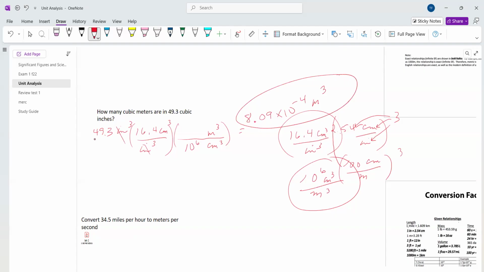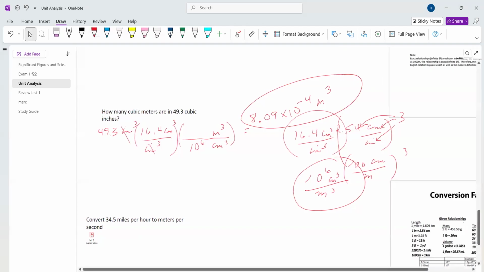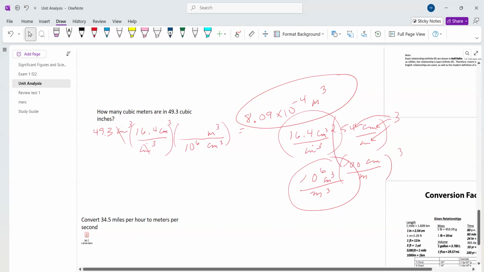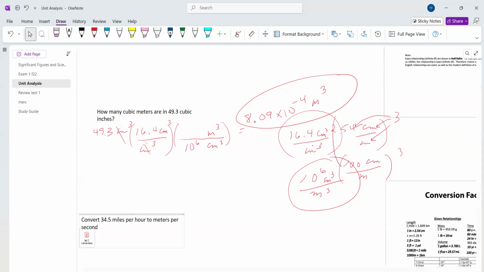Cubic inch is small. So you'd expect cubic meters to be number wise a lot less than what you started. Okay, we okay on that?